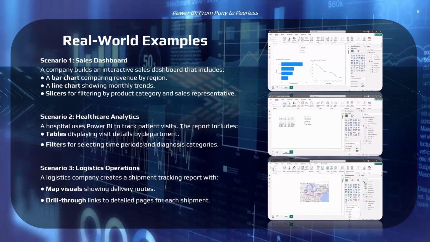The report includes tables displaying visit details by department, and filters for selecting time periods and diagnosis categories. Scenario 3: logistics operations. A logistics company creates a shipment tracking report with map visuals showing delivery routes and drill through links to detailed pages for each shipment.